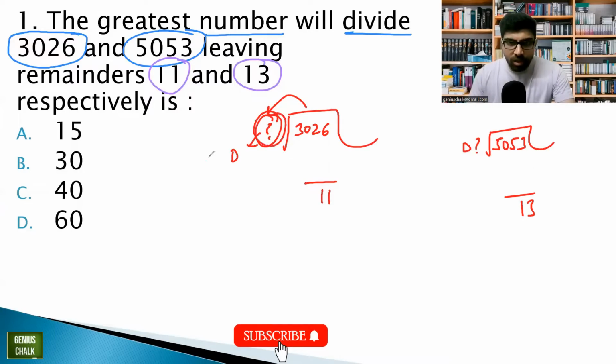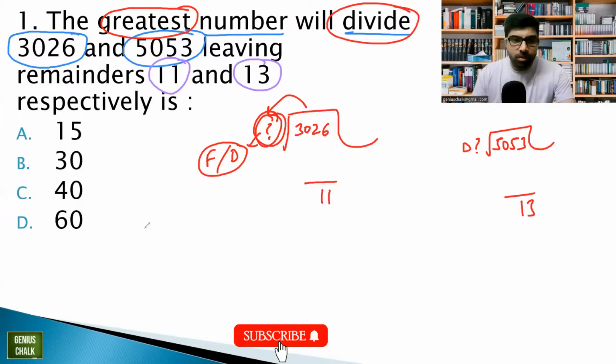From divisor, we know that it's a factor, and it is saying the greatest number that will divide. That means we have to find the HCF in this case, and HCF should be found after subtracting the remainder from the given dividend.